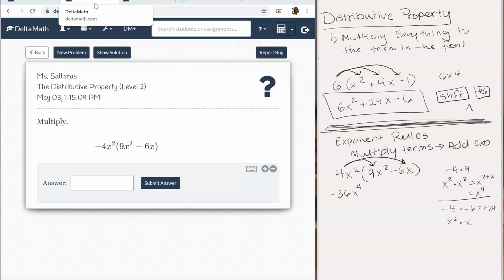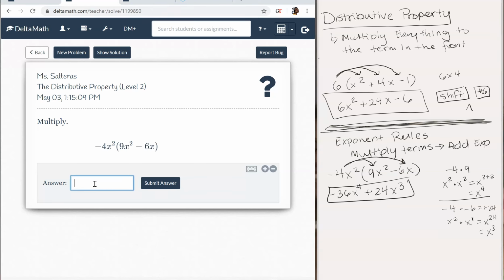So here, if it helps you, write that one exponent that we do not need to write, because then this will let you know that it's not just x squared, it's not just 2 plus 0, it's actually 2 plus 1, and that's going to give us x to the third power. So we have a positive 24 and then x to the third power. That is going to be our final answer.